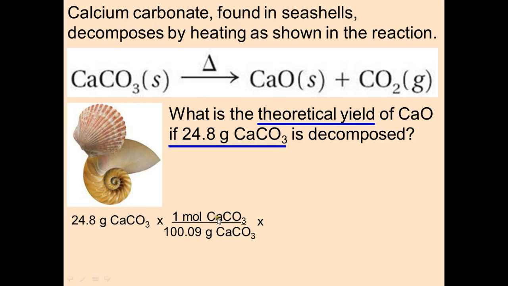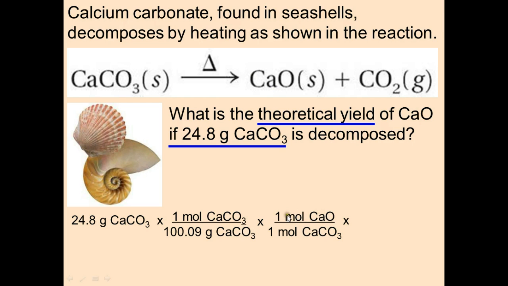Then we convert from moles of CaCO3 to moles of CaO. It's 1 mole to 1 mole. We put CaCO3 on the bottom because it's on the top, so it cancels out. Then we put 1 mole of CaO on the top because that's its coefficient. Then we multiply by CaO's molar mass, which we get from the periodic table.